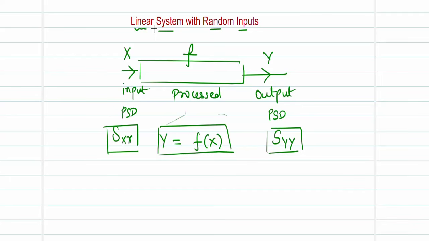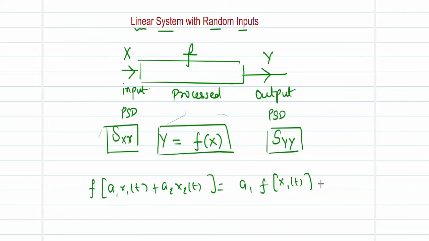Now coming to the part of linear, why do you call a function linear? Whenever you have f of a1 x1 of t plus a2 x2 of t defined as a1 f of x1 of t plus a2 f of x2 of t, that is, if the expression of this function can be split in this manner, then you call the system linear.